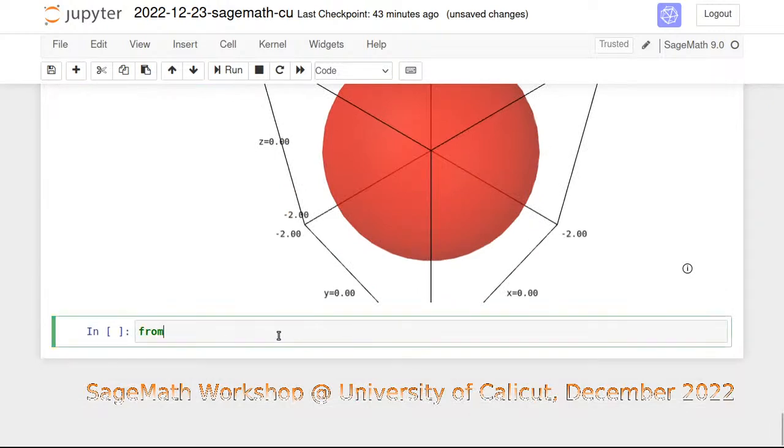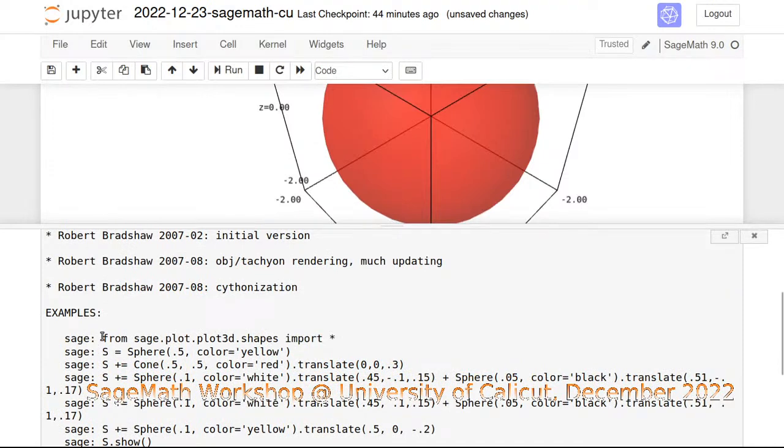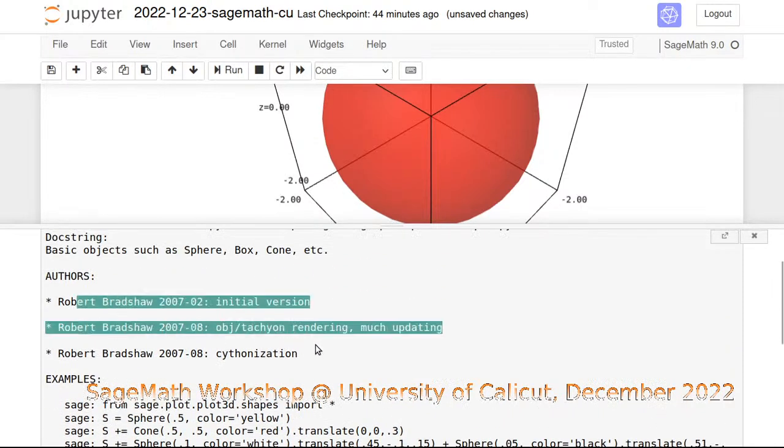Okay, from Sage plot 3D dot shapes. We may see what exactly this is. See that this is a library written by a few authors.